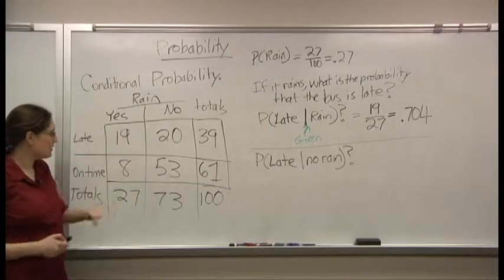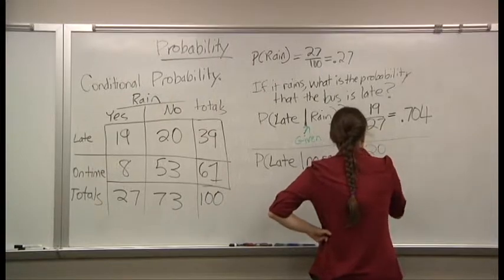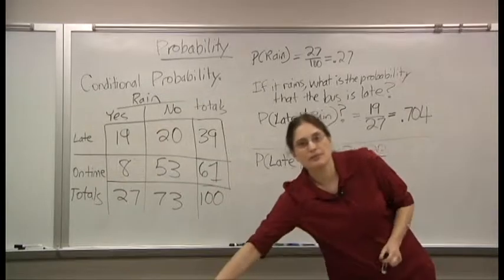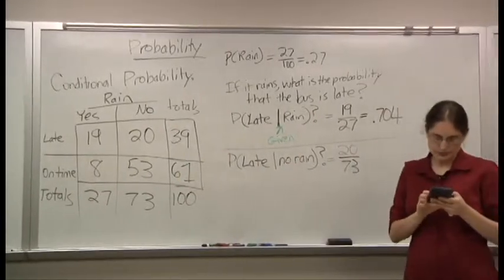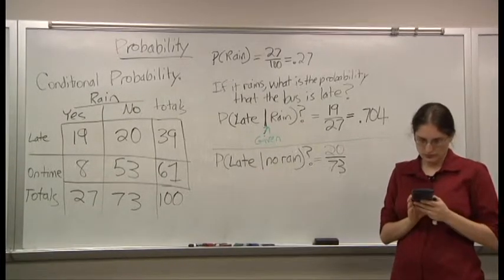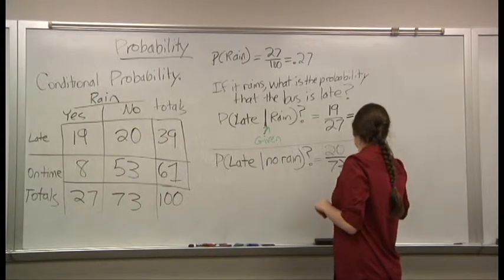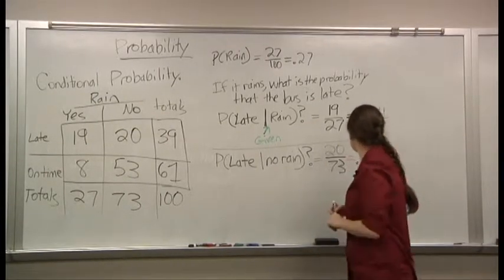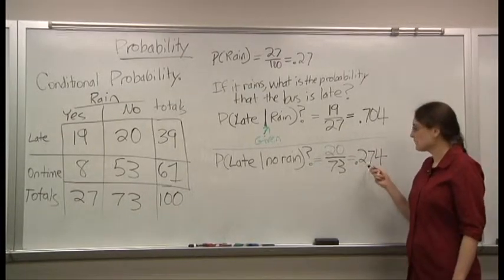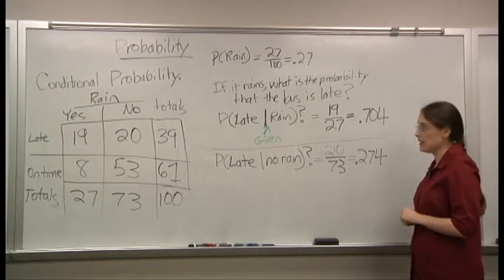Late in the no rain column: 20 out of 73. 0.274. So, clearly the bus is more likely to be late if it's raining rather than if it's not.